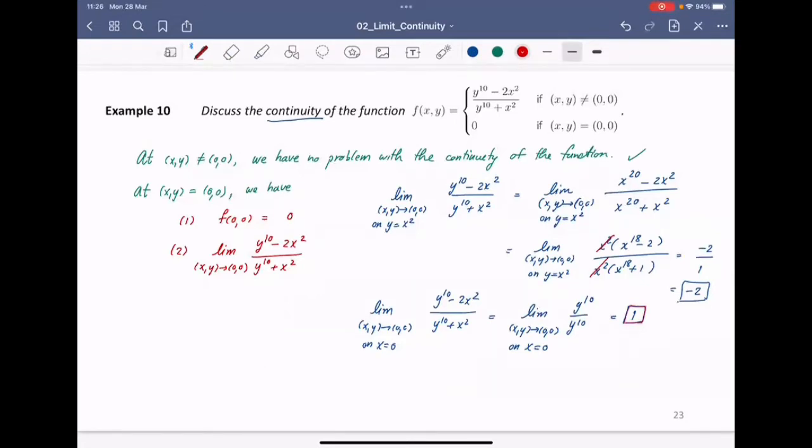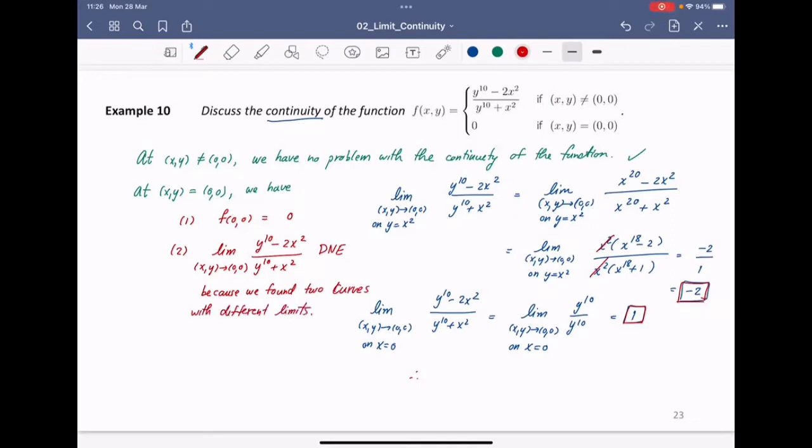So number 1 here is -2, and you have different limits now. So the limit does not exist, because we found 2 curves with different limits.